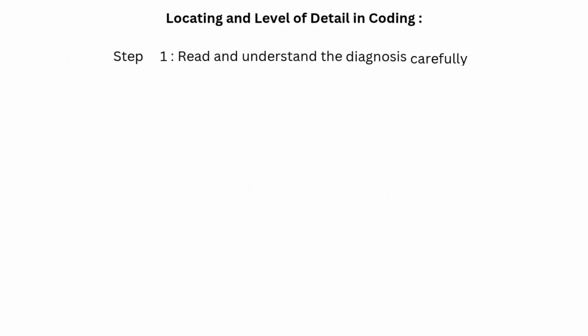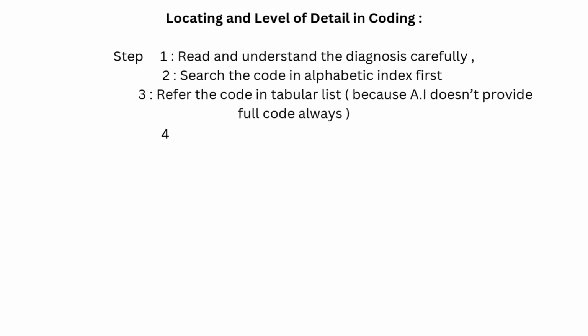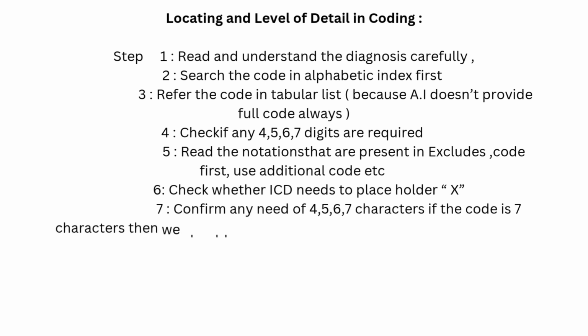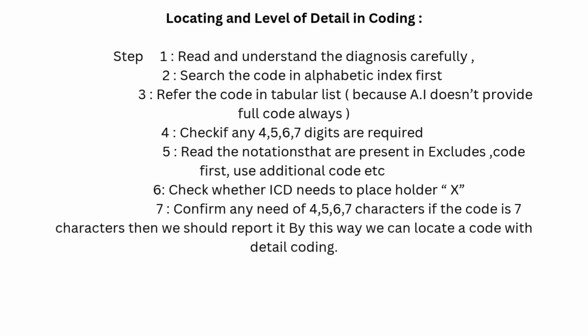Next is locating and reaching the level of detail in coding. We have to follow some steps. First, read and understand the diagnosis carefully and search the code in the alphabetic index first, then refer to the tabular list, because the index does not provide the fully described code. Check whether the code has 4, 5, or 6 characters. Step 5: read whether notations such as excludes are present or anything else. Step 6: check whether the ICD code needs a placeholder, that is, whether the placeholder X is required.